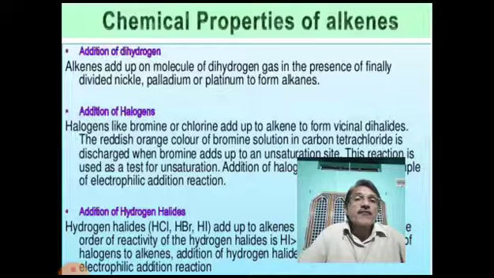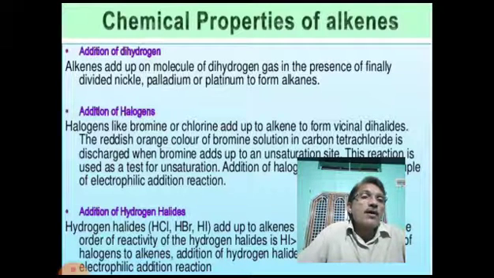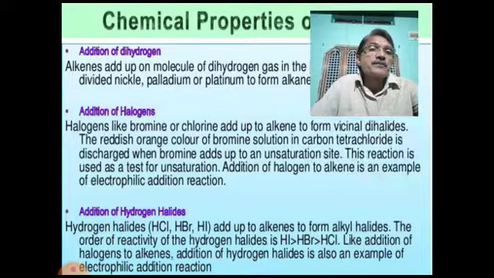Secondly, addition of halogens. Halogens like bromine or chlorine add to alkenes to form vicinal dihalides. The reddish orange color of bromine solution in carbon tetrachloride is discharged when bromine adds to an unsaturation site.